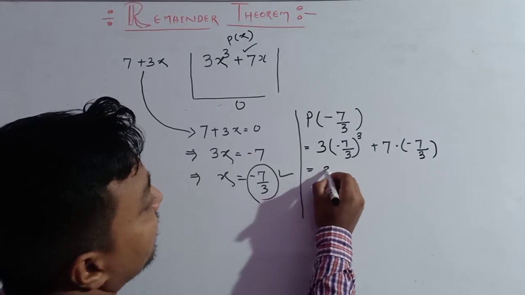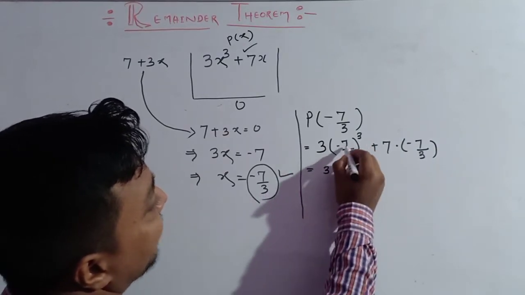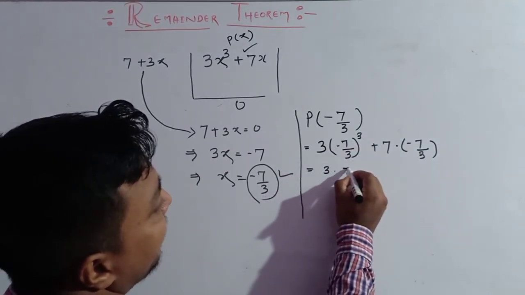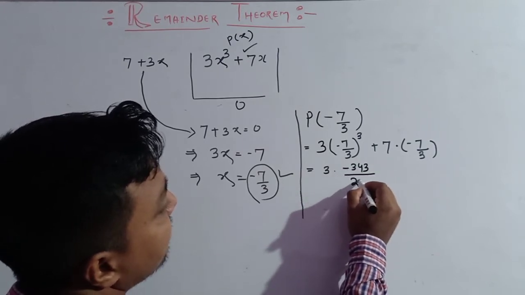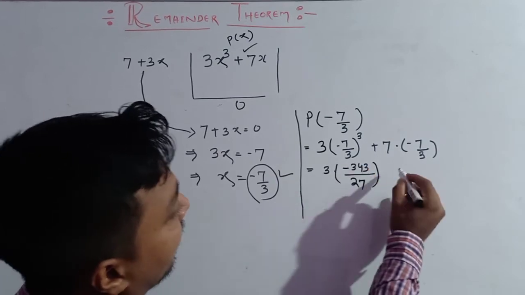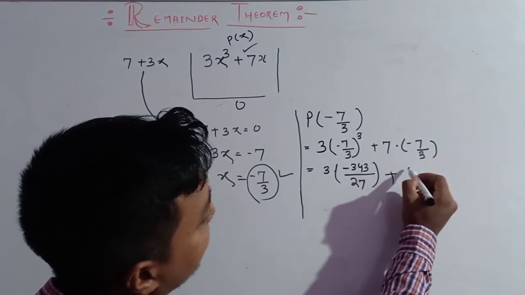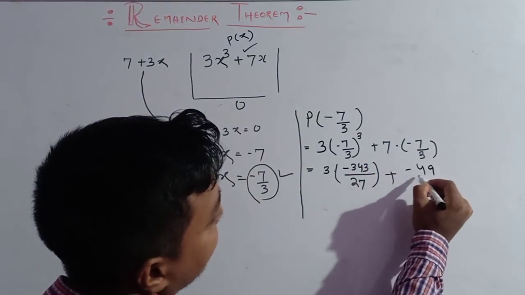That becomes 3 into minus 343 divided by 27, and here 7 into 7 is minus 49 divided by 3.